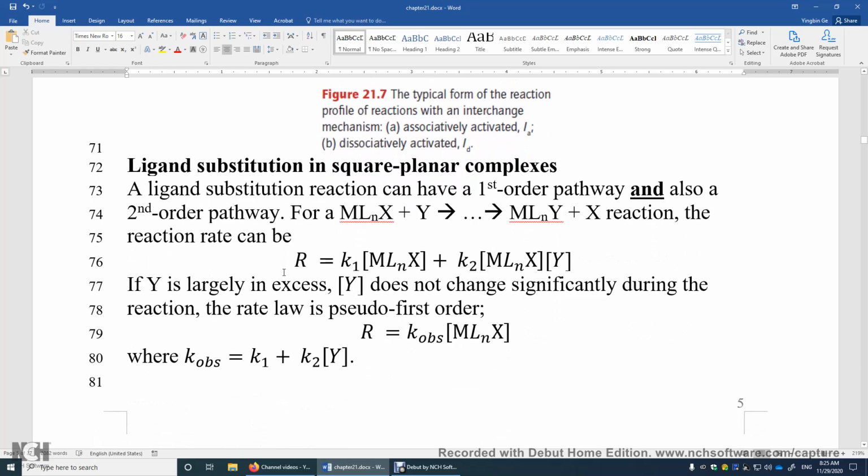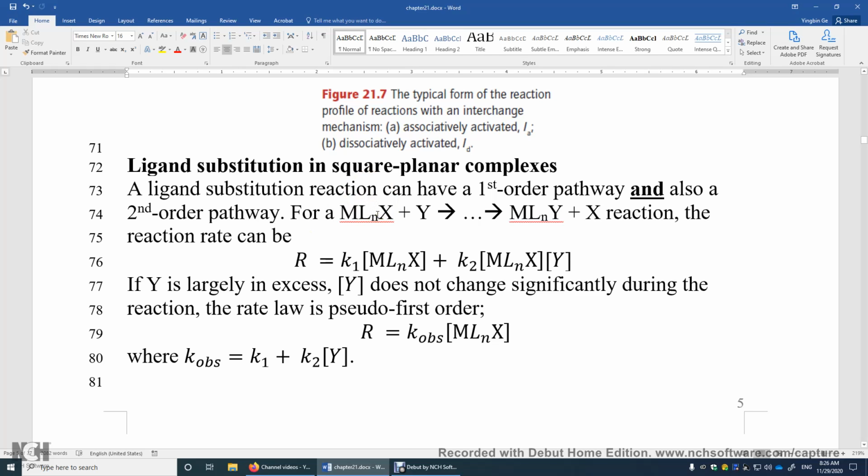Now let's look at the ligand substitution reactions in a square planar complex. The reason we look at this is because for a square planar complex, it's kind of interesting that although you may do experimental measurements and you may find that this reaction rate is first order, it's just proportional to this one.